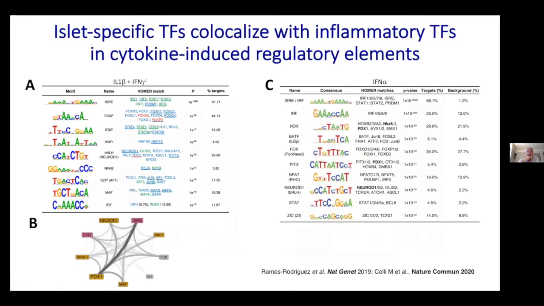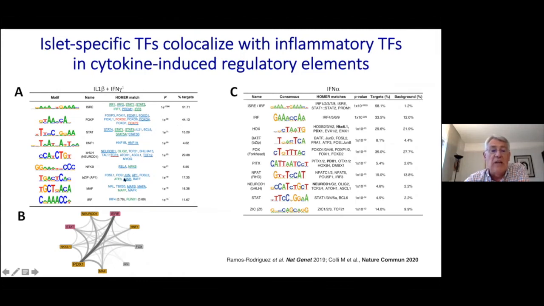chromatin. The other thing that was interesting, and this we observed both with interferon alpha and in a collaborative study with Lorenzo Pasquale, was that when we looked at the transcription factors that were binding to these opening sites, we were surprised to see that there was co-binding of transcription factors. For instance, you had binding of transcription factors like NEUROD, PDX1, FOX, which are all genes involved in beta cell phenotype maintenance.